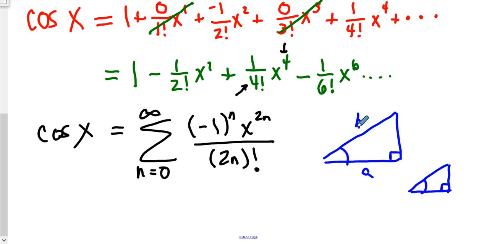And then you take cosine and you make it into a function. You say, okay, I'm going to take all these different angle measures, here's my angle, that's supposed to be a theta. I take my different angles and I keep track of the ratio of sides as that angle changes.